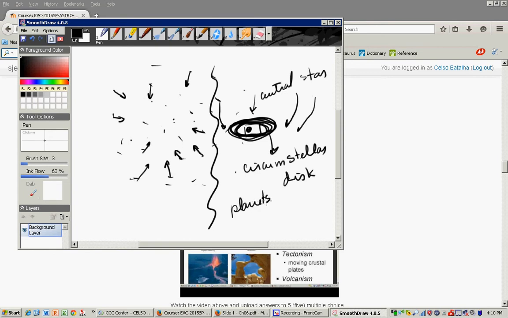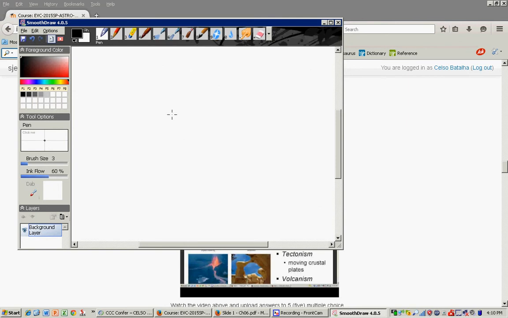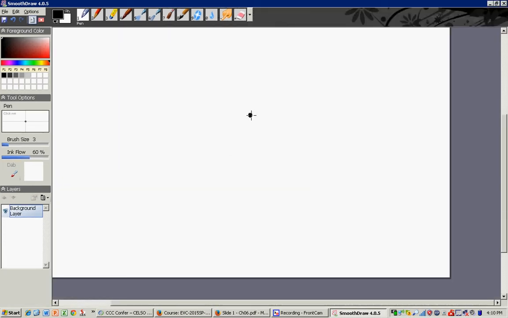Now you're going to have your planets, and then you're going to have your dwarf planets, your asteroids, comets, ices, and all kinds of things. So if you separate the two regions, I'm going to have my central region, and, not in scale, a region closer to the star. And don't forget the star radiates energy, radiates light.